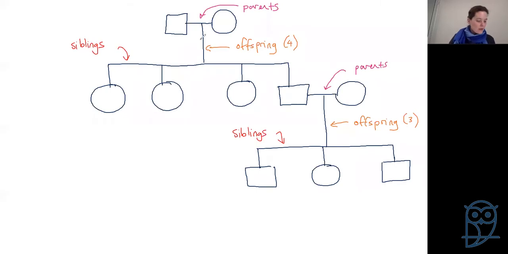So when we now have, oh, that was the other thing. Looking at sexes, we have males that are squares and females that are circles. So this first line of children was 1, 2, 3 female, 1 male.